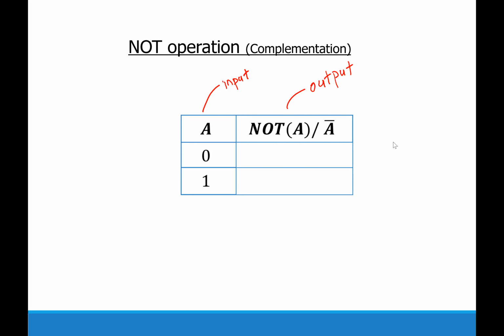So how do we complete this table? When the input is equal to 0, after applying the NOT operation, the output becomes 1, right? And when the input is equal to 1, now you know the output is equal to 0. Now this is the truth table related to the NOT operation.